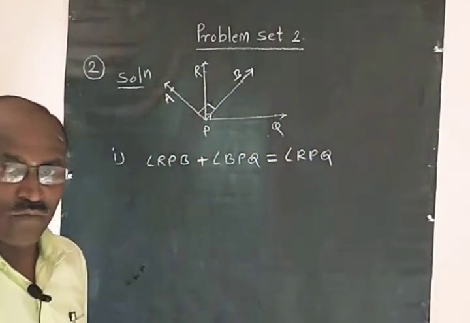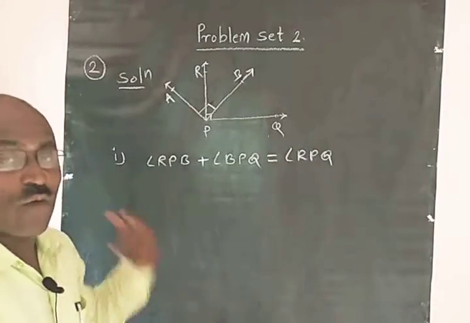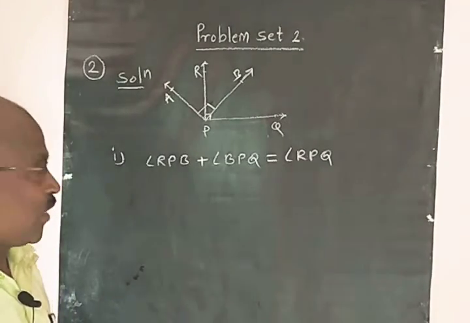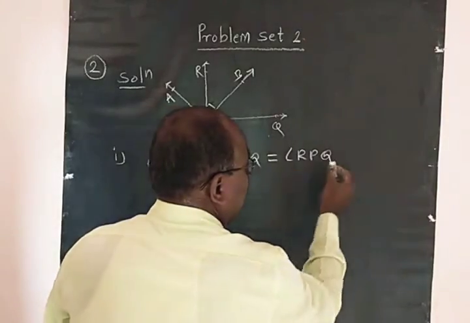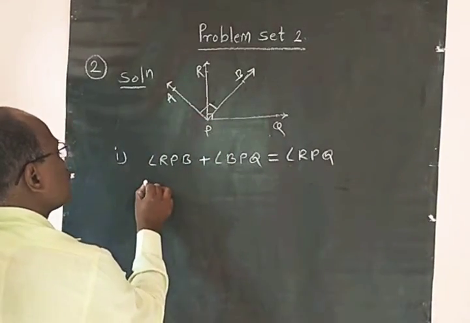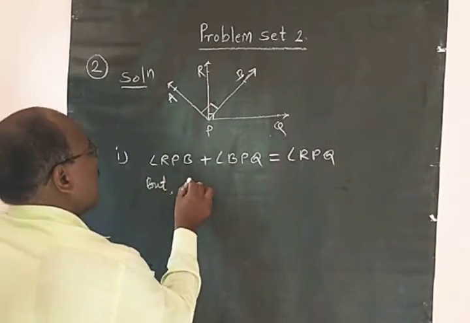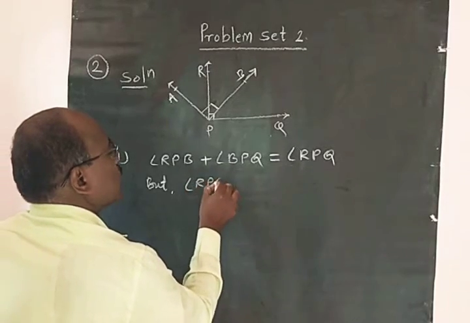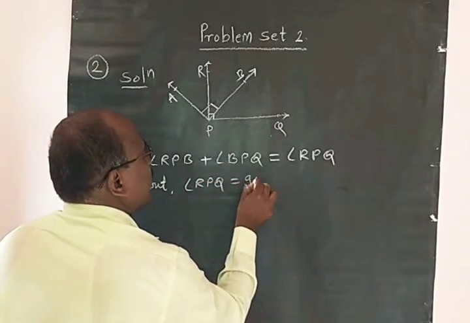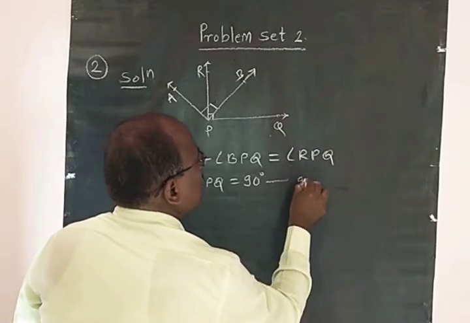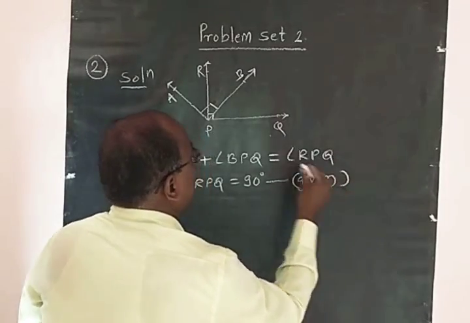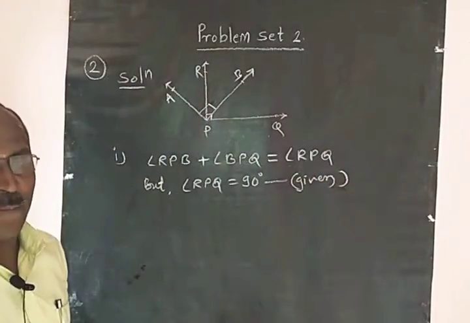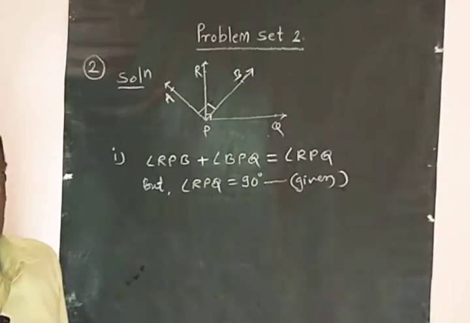Okay, the property of sum of two angles. But here this angle is 90 degrees, angle RPQ is equal to 90 degrees. It is given because ray PR and ray PQ are perpendicular to each other.